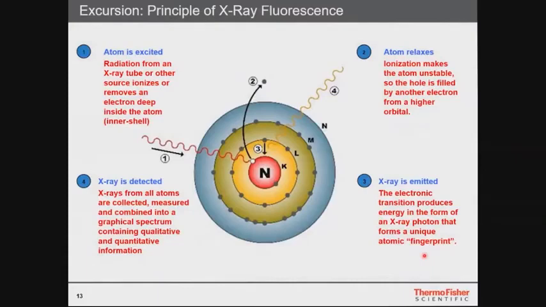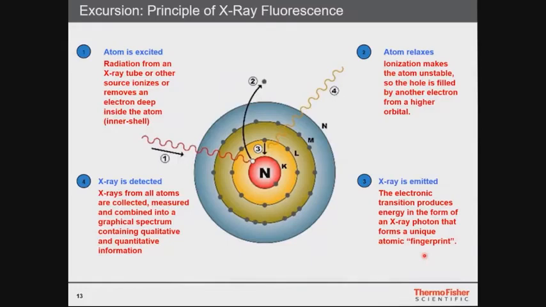I will also show a little bit of X-ray fluorescence spectroscopy, so I just want to give you a brief reminder how this technique works, because it's different to X-ray diffraction. With X-ray fluorescence spectroscopy, we excite an atom using X-rays, and the atom is ionized. Afterwards, it relaxes and fills the hole.